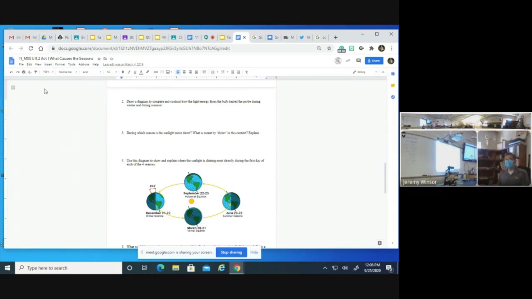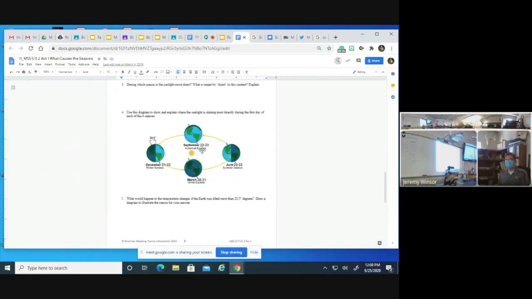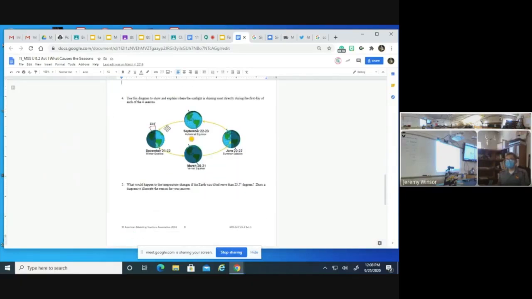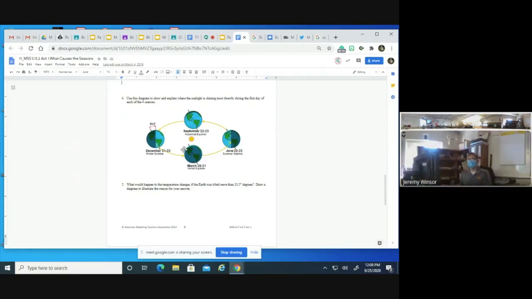During which season is the sunlight more direct? What is meant by direct in this context? You're going to explain. For number 4, you're going to use the diagram right here in order to show and explain where the sunlight is shining most directly during the first day of each of the 4 seasons.